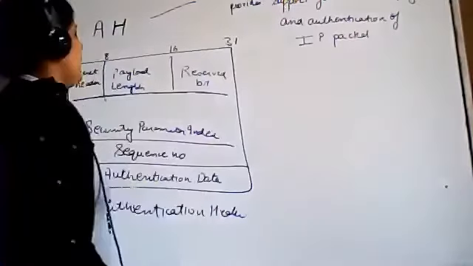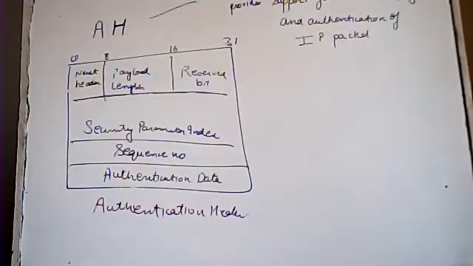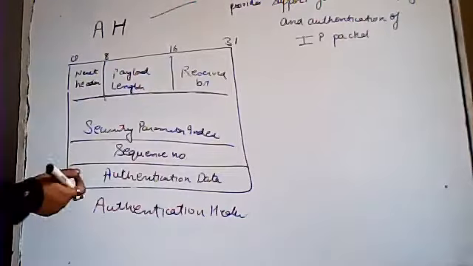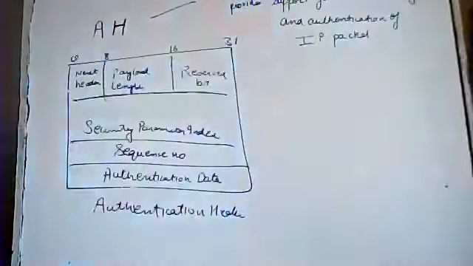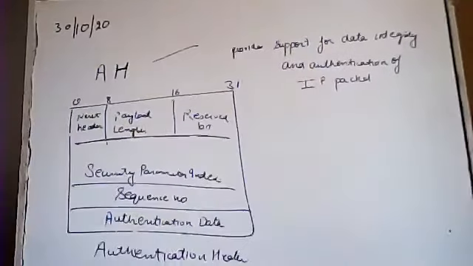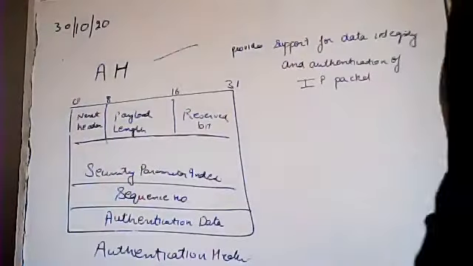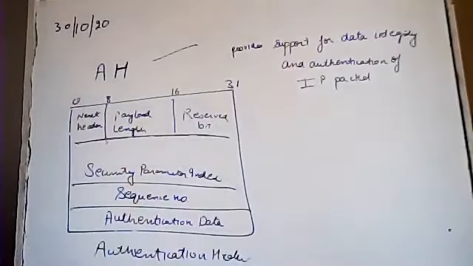Clear? So why do we require the authentication header protocol? If we want support for data integrity and authentication, in that particular case we require this authentication header protocol. It provides support for data integrity and the authentication of the IP packet.